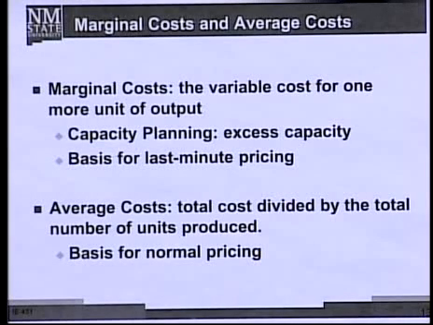The marginal cost is the variable cost for one more unit of output, which means it is used to decide whether an additional unit should be made, purchased, or things like that. And the average cost is the total cost divided by the total number of units produced. Okay?